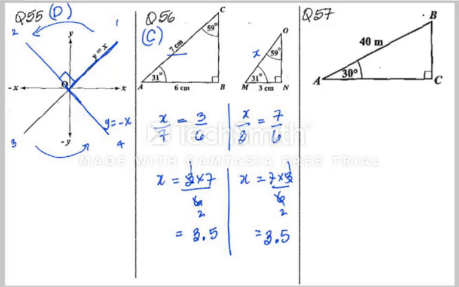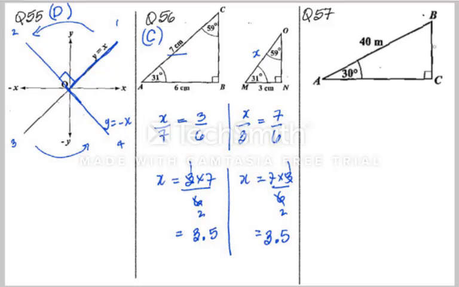Question 57 says, in a triangle not drawn to scale, angle BAC is 30 degrees, and the length of AB is 40 meters. It says the length of BC in meters is.